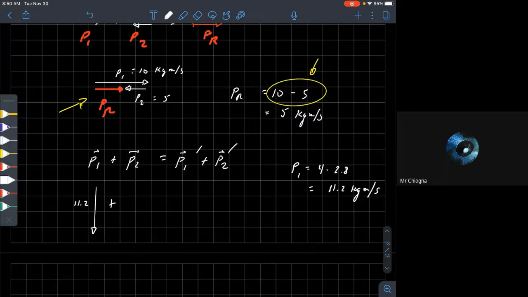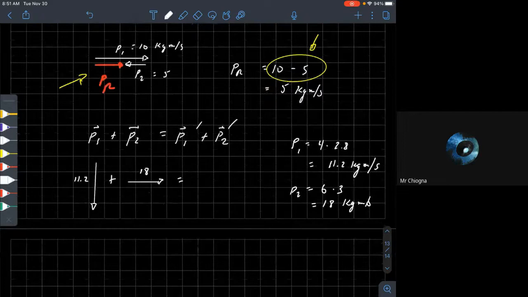It mentions that the second object is traveling east. That's my P2 there. What's the value of P2? P2 is just the 6 times 3. That's your 18 there. What's it equal to? Well, it's not simply an addition or subtraction because they're not parallel. How do we find what this resultant is? That's the question.